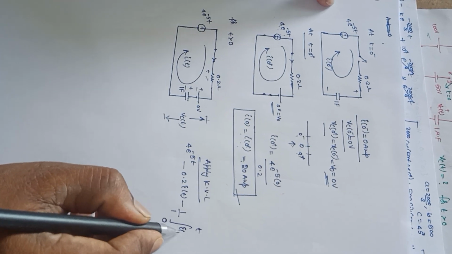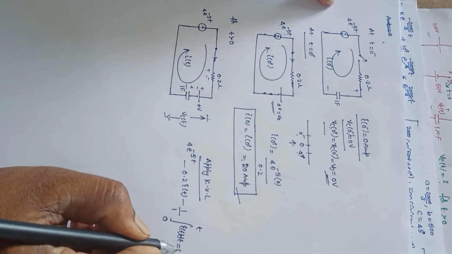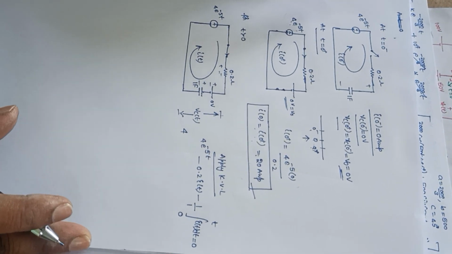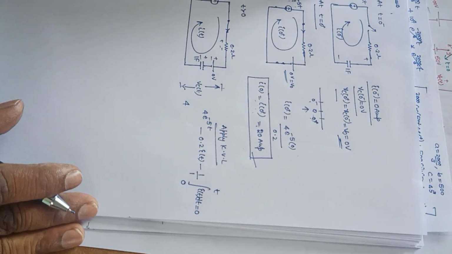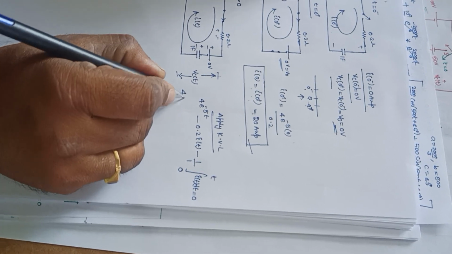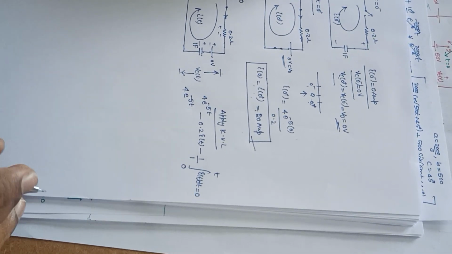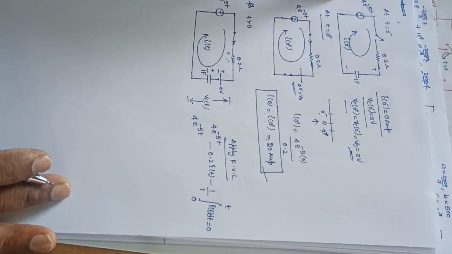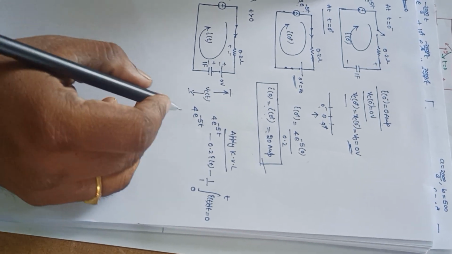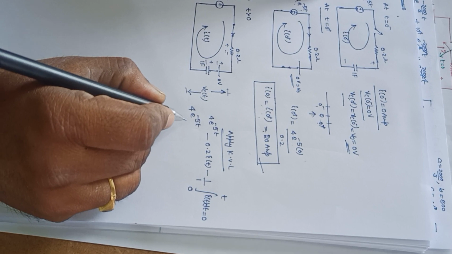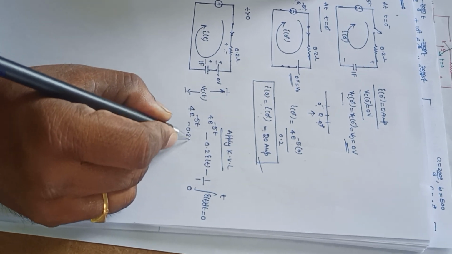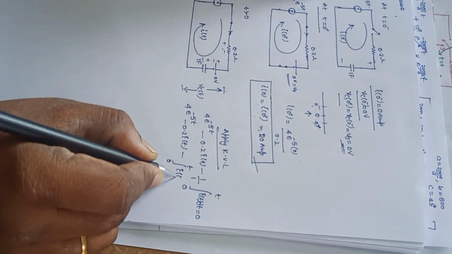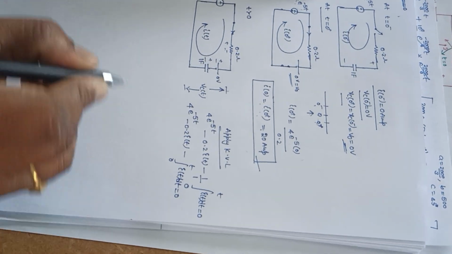0 to t I of t dt, that is equal to 0. So now this expression I can rewrite like this: 4 into e power minus 5t minus 0.2 into I of t minus integral 0 to t I of t dt is equal to 0.